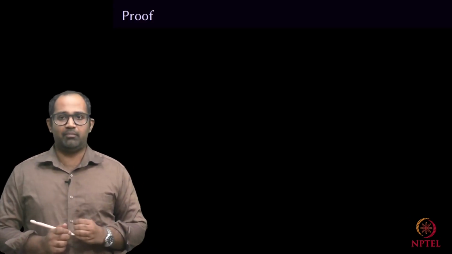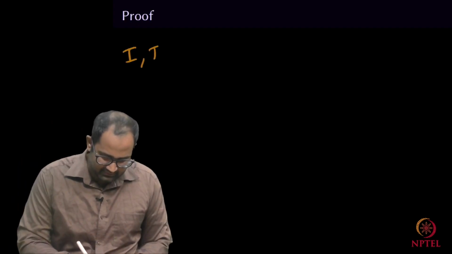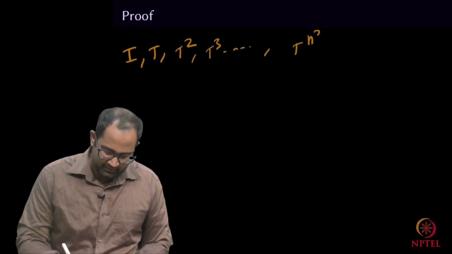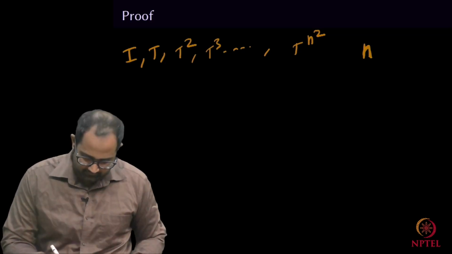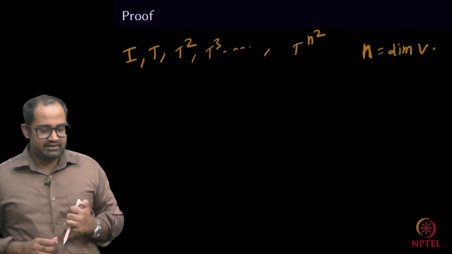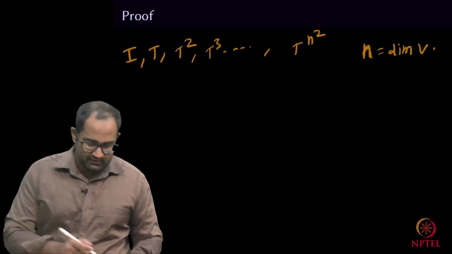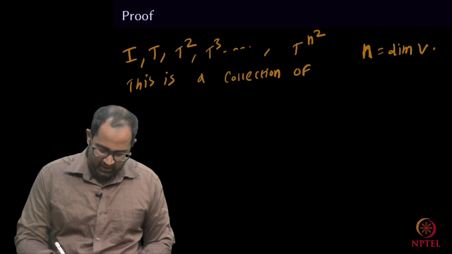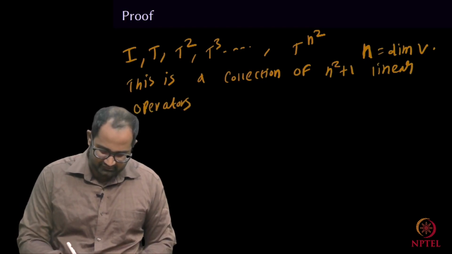Okay, so this is a quick and slick proof that there is a polynomial that destroys T. What you do is, you look at the identity, T, T squared, T cubed, up to T to the power n squared, where n is the dimension of V. Then this is a collection of n squared plus 1 linear operators, or this is a list, that is a better term.